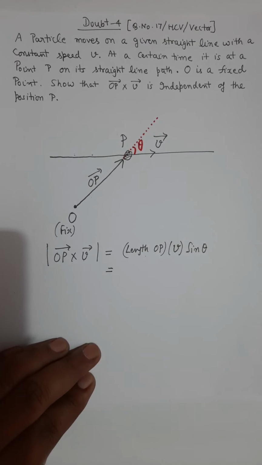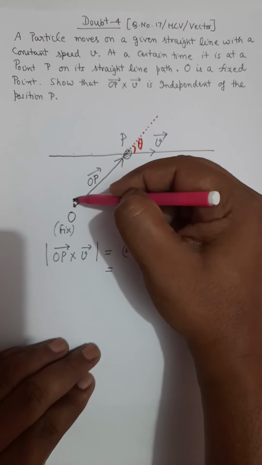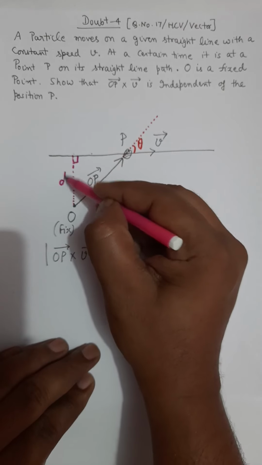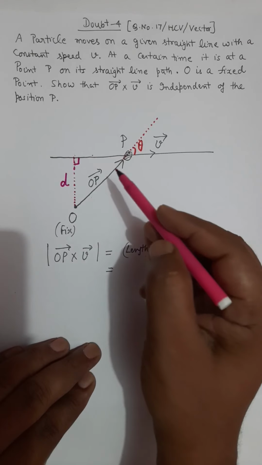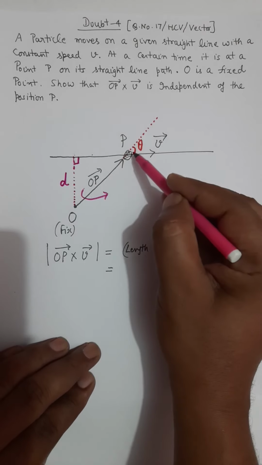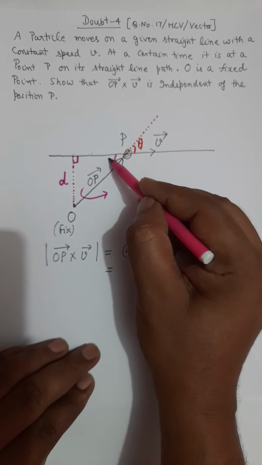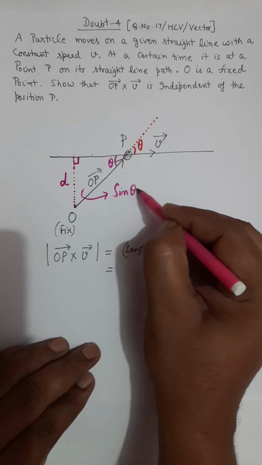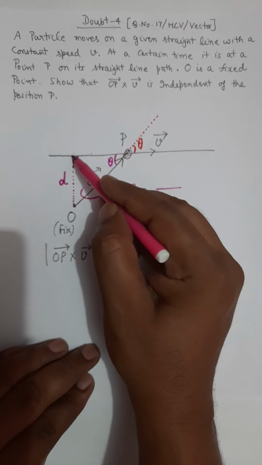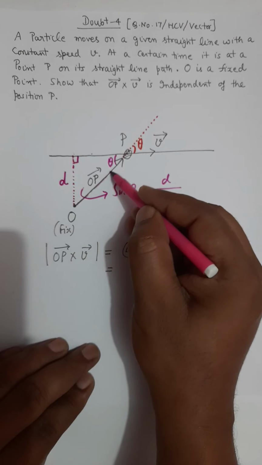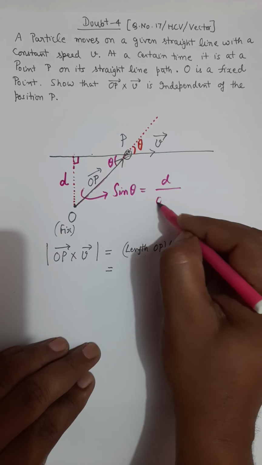Now if I drop a perpendicular from O on this line, and let's say this distance is d, and in this triangle I find a trigonometric ratio, because if this is theta angle, then the opposite angle is also theta. Sine theta in this triangle is the perpendicular length, which is small d, over the hypotenuse length, that is the length of OP.